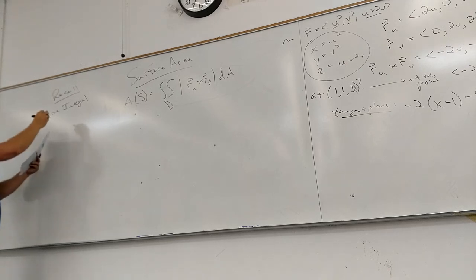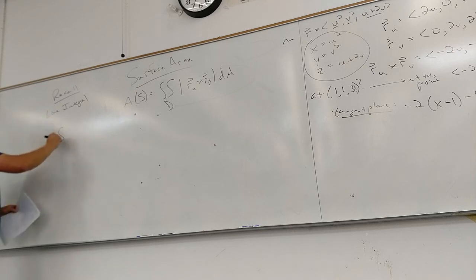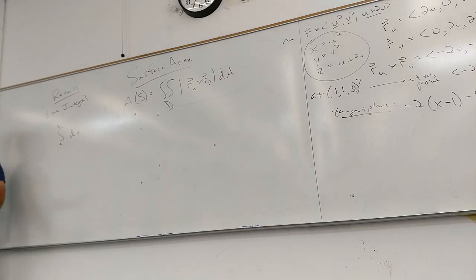If I just do the integral from a to b of dt, what would that do? It would just be a length, right?